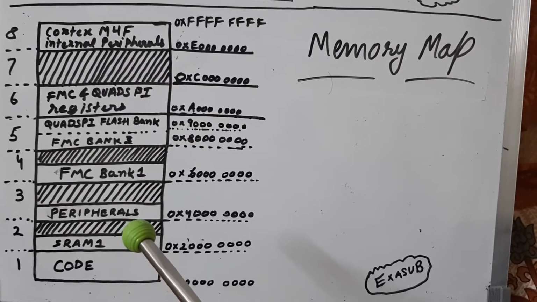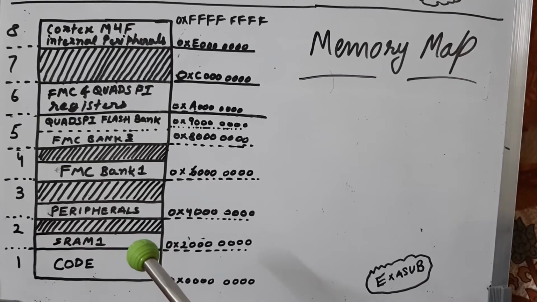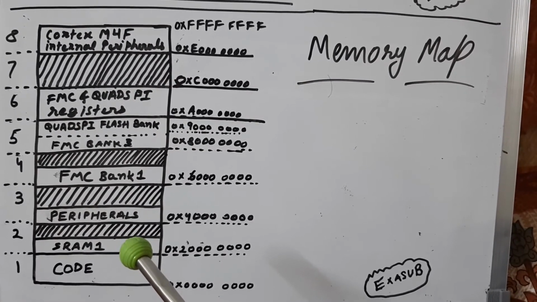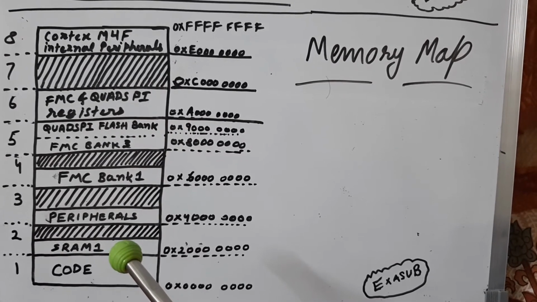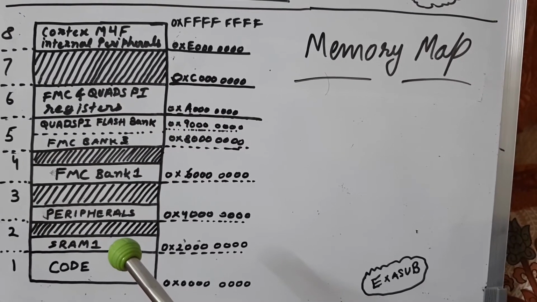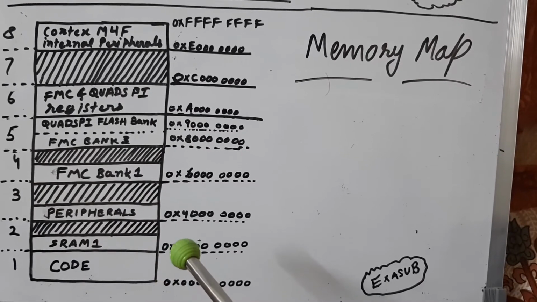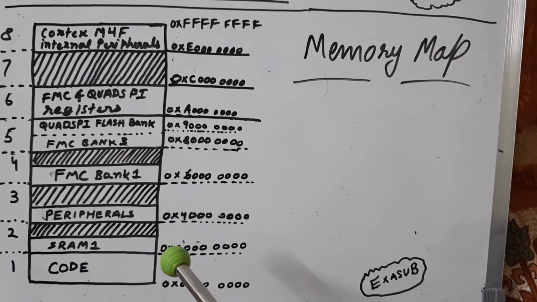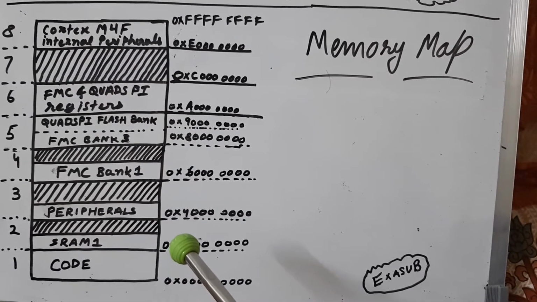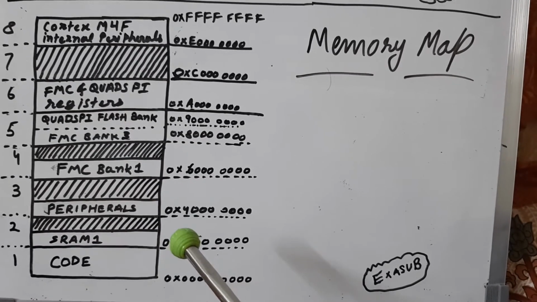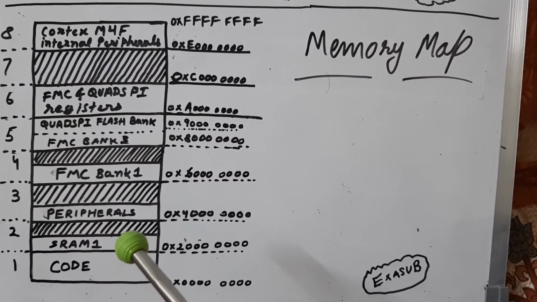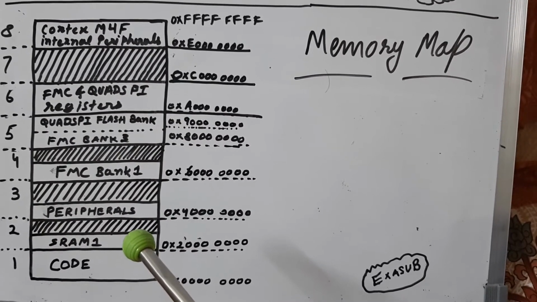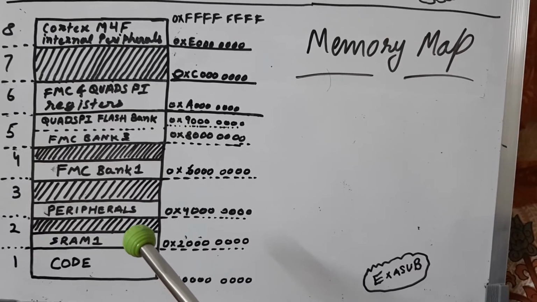Then we have SRAM1, which is around 96 kilobytes. The starting address of the RAM is 0x2000, and then we have 96 kilobytes of SRAM, and the region after that is reserved for future provisions.